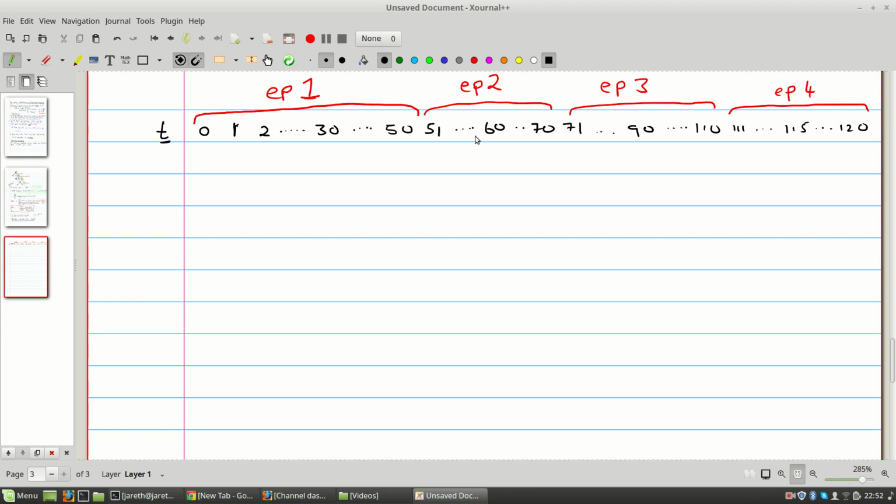So this is where we are at this point. We number our time steps in this manner. And then let's look at our states. What do our states look like? Let's say our states are represented by S, S prime, S double prime. These are all just different states, I'm just generalizing here.